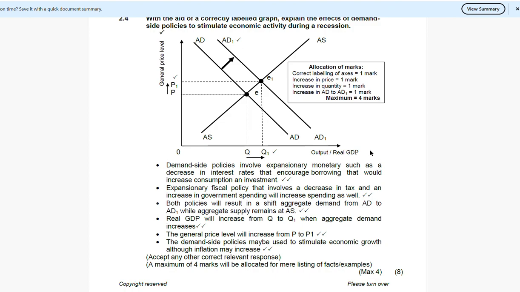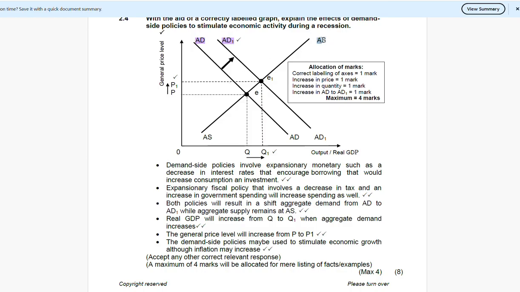Now, let's look at what we have. First, you have aggregate supply, which is the line I'm looking at here. Next, you have aggregate demand and aggregate demand 1. Why do you have aggregate demand and aggregate demand 1? It means that there is a shift of aggregate demand to aggregate demand 1.